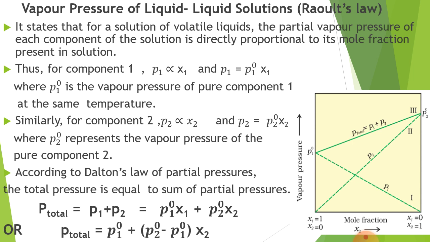So first of all, I have to discuss the volatile solute in volatile solvent. According to Raoult's law, it is stated that for a solution of volatile liquids, the partial vapor pressure of each component of the solution is directly proportional to its mole fraction present in the solution.